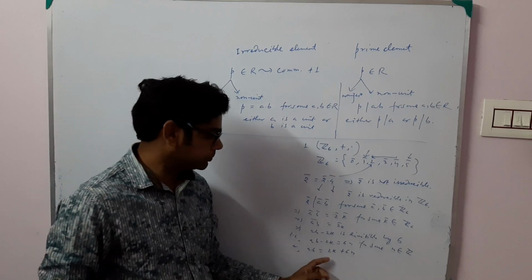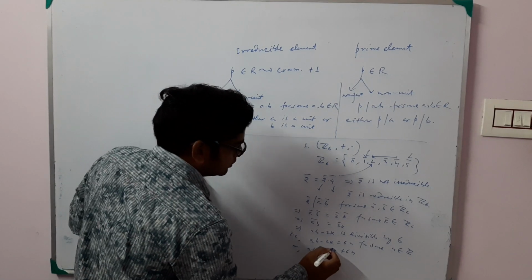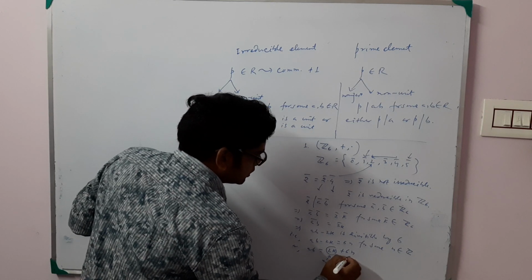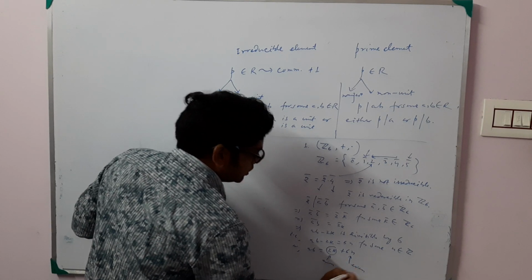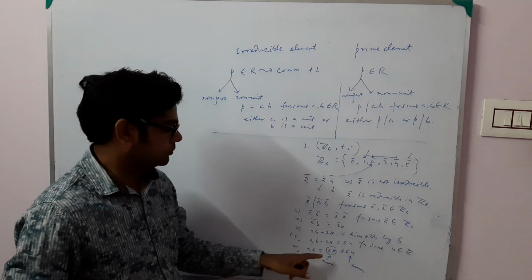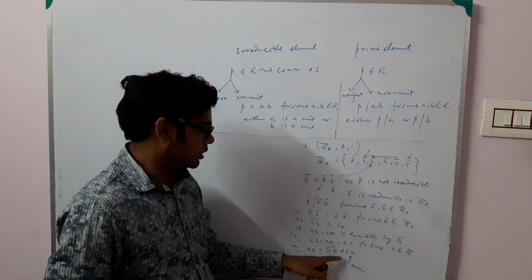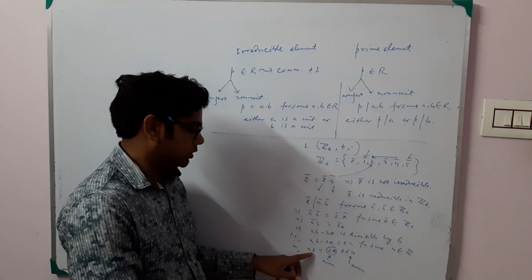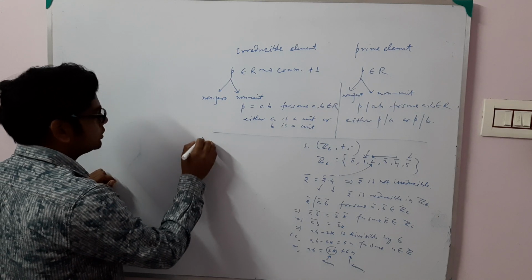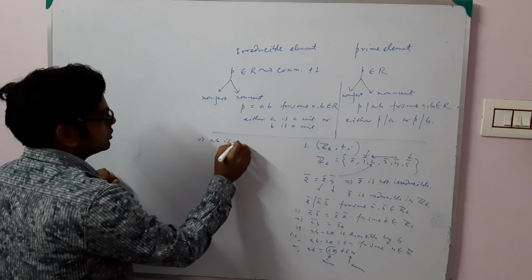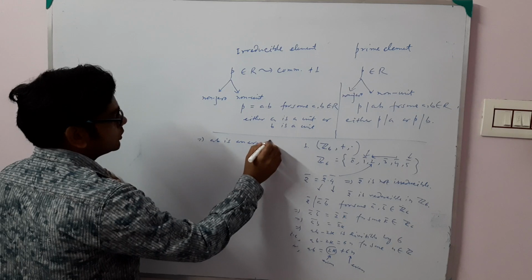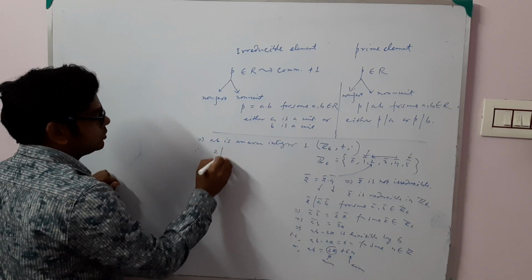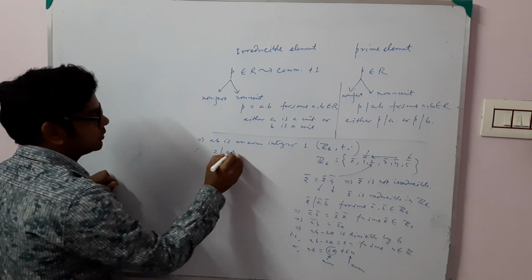Now we observe that 2K is an even integer, 6n is also an even integer, so their addition is also an even integer, so AB must be an even integer. Therefore 2 divides AB.